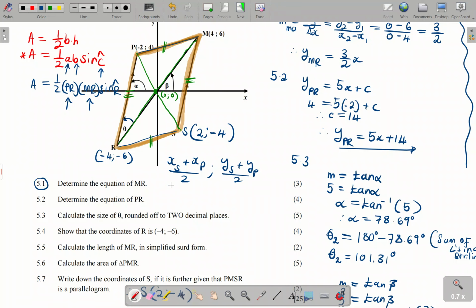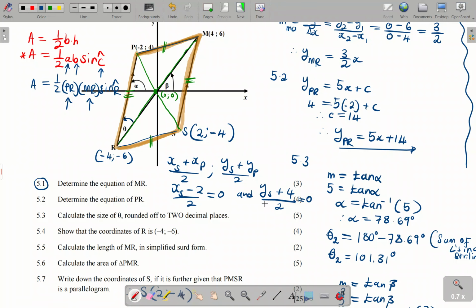The xs answer you don't have, but the xp is -2. So this is -2 divided by 2, and you equate this to the origin, which is 0. And then the other part is ys plus yp, which is 4, all over 2, equals 0.